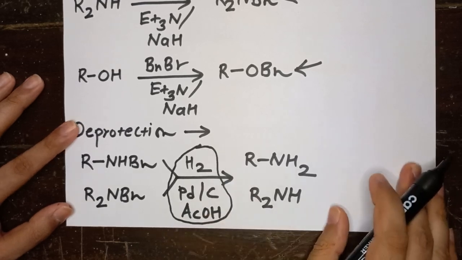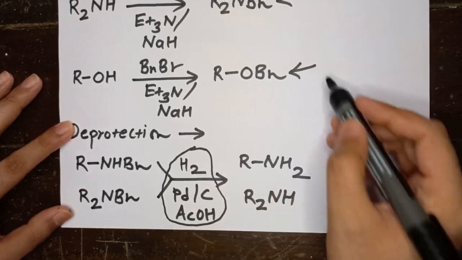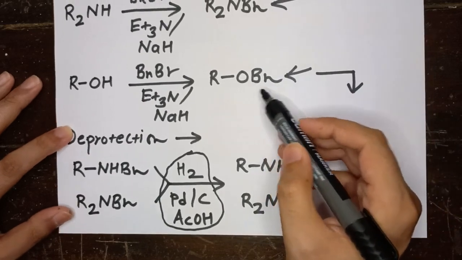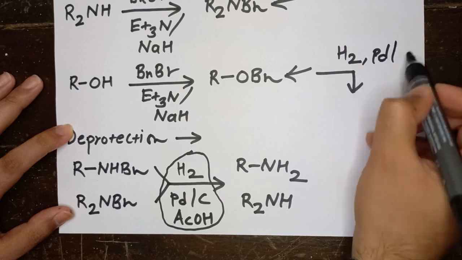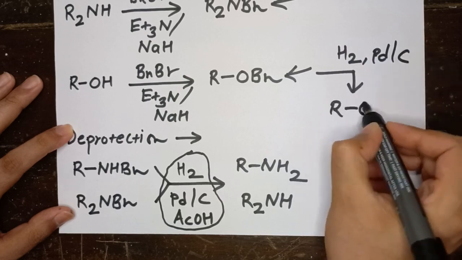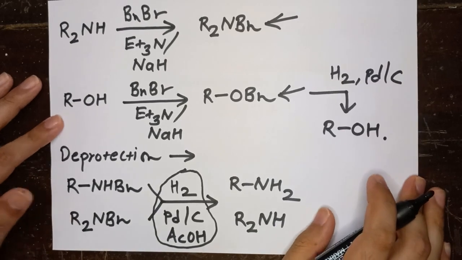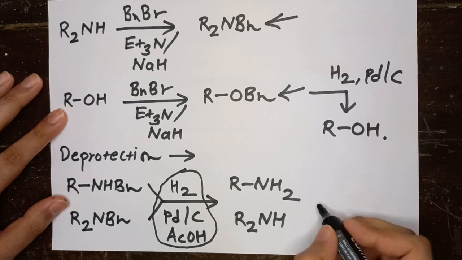Okay, the benzyl group can get deprotected using this reaction. And similarly, the oxygen protected benzyl group can also get deprotected using the same reagent, and you will be able to generate your alcohol back. So this is about deprotection. And what is the byproduct of this deprotection?